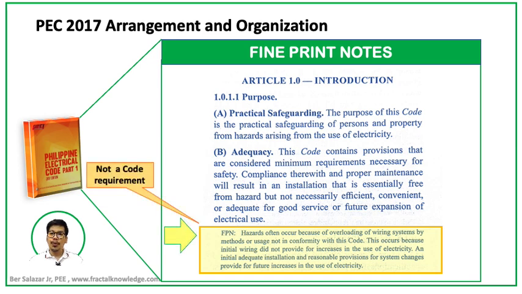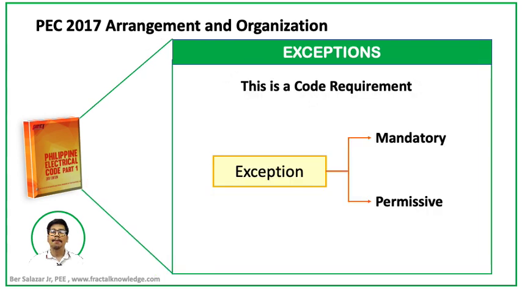This fine print note also contains explanatory material intended to clarify a rule or give assistance, but it isn't a code requirement. It is better to read this because it adds up information that explain further what the code tells us. Okay, let us go to exception.